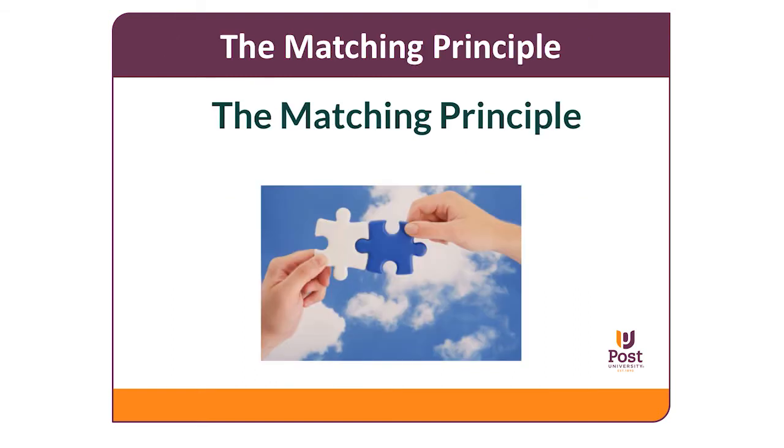In recording revenue and expense, we also consider an accounting principle known as the matching principle. Under this principle, we try to record the expense in the same time period as the revenue is earned. Think about this.